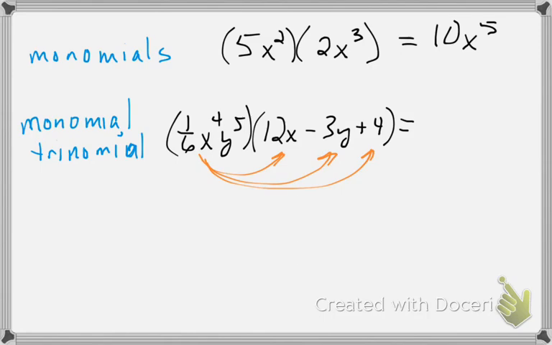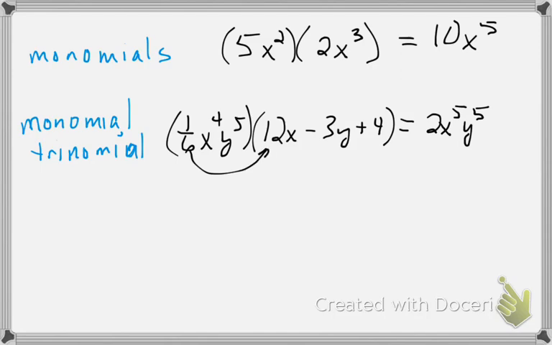So each one of these is like the monomial times monomial. So basically, multiply the coefficients together, and then when you multiply the bases together, you add the exponents. So for my first term, I'm going to get 2x to the 5th y to the 5th. Because what is 1/6 times 12?